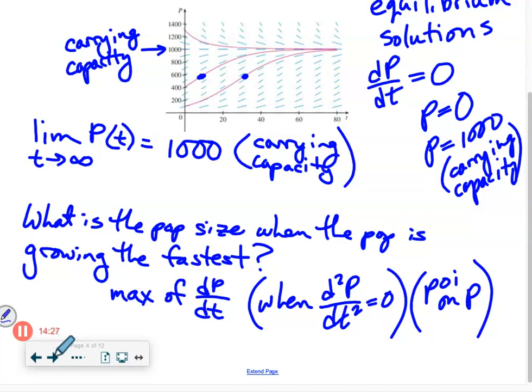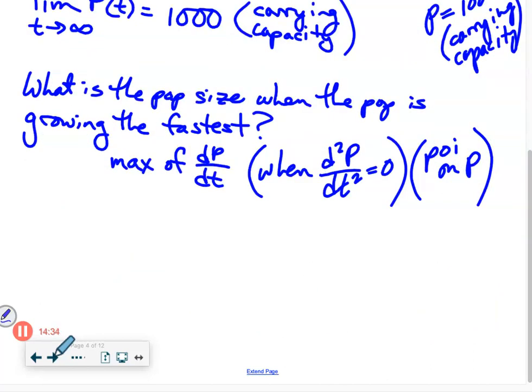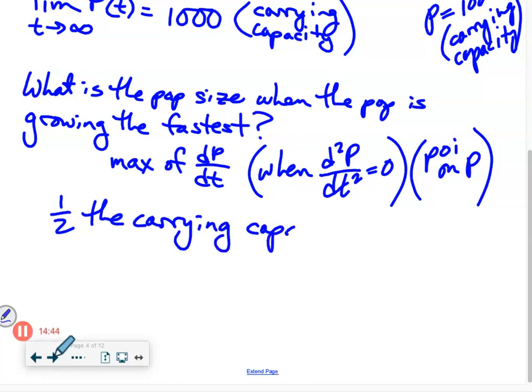It always occurs at half the carrying capacity. So no matter what, this is always at half the carrying capacity. So your maximum growth rate occurs when the population is at half of the carrying capacity.